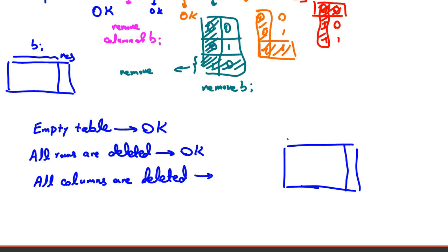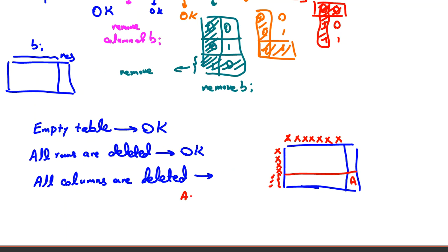Without loss of generality, we remove, for example, this column, all these things, and we remove these rows. Now, these rows are left. Let's call this part A, we have these rows.